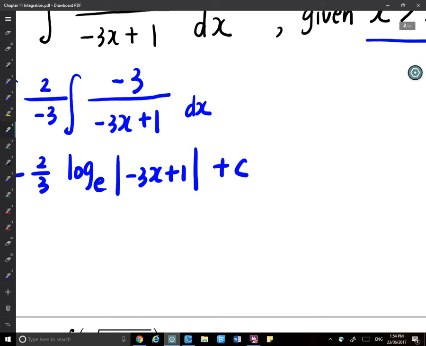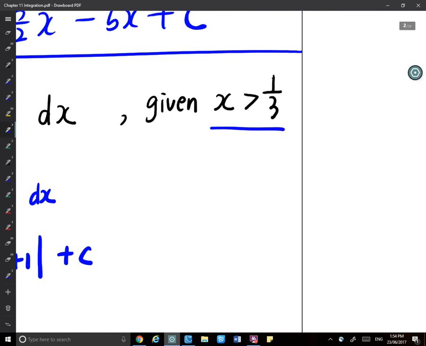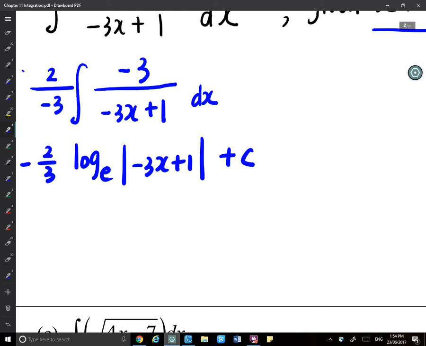When there's a negative inside, it will change. When it's positive inside, it won't change. So the thing of interest is whether I have a positive or a negative number inside. The domain gives you x greater than a third. When x is greater than a third, think about whether the inside will be negative or positive.